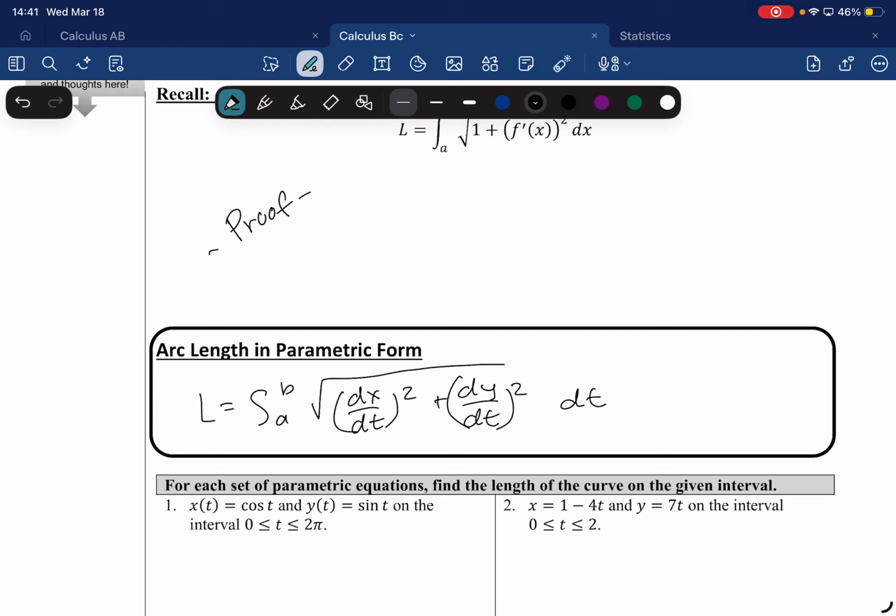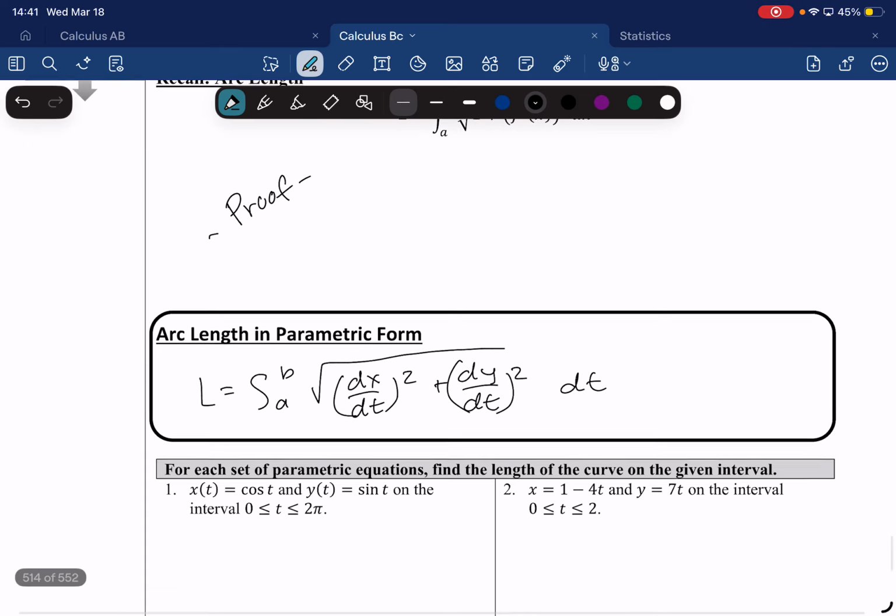So the arc length in parametric form is the square root of the derivative of x squared plus the derivative of y squared. So we're just dealing with derivatives again. Once we plug those in, we're going to integrate. The bounds are based off the interval that they give us, and then we'll be able to solve and get a numerical answer, because it is finite bounds.